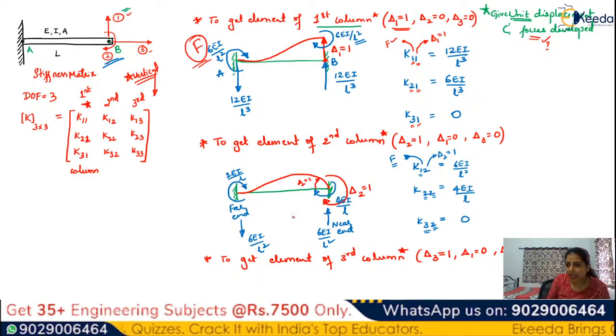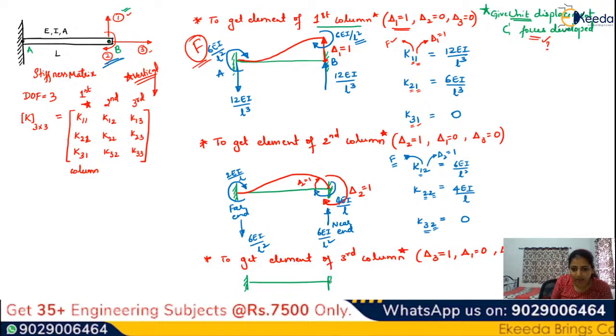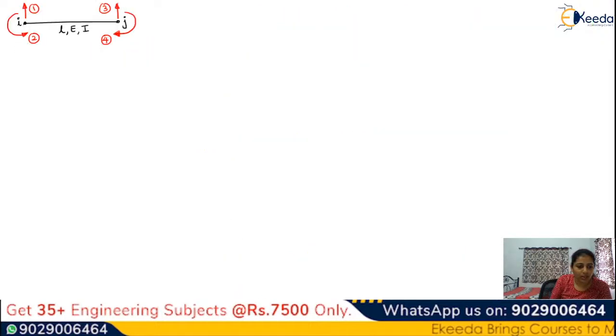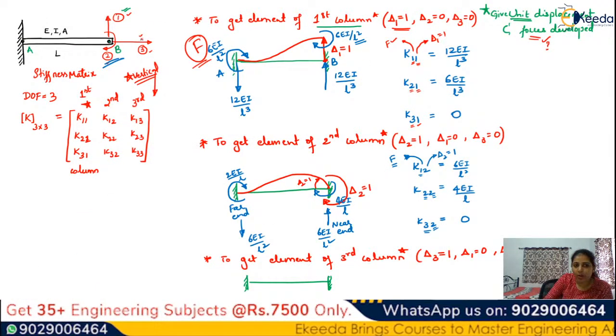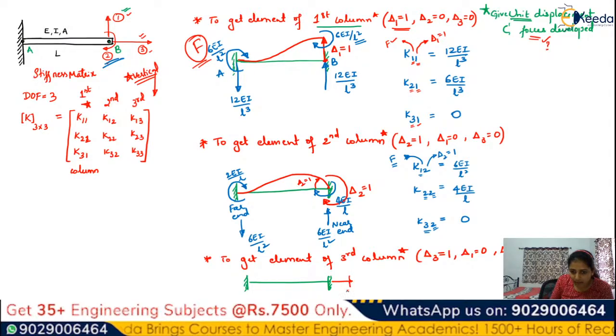Okay. So take the same beam. What is the displacement in which coordinate we have to apply now? Now we have to apply displacement in the third coordinate. Now what is your third coordinate? Third coordinate is horizontal force at B. So I'll apply a displacement which is equal to delta 3 equal to 1.